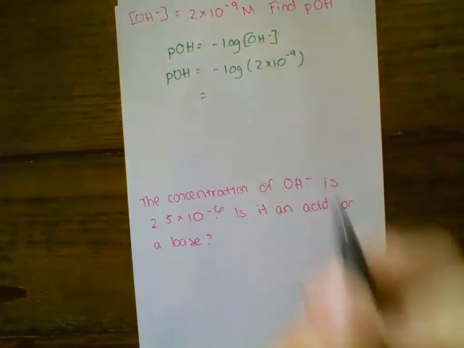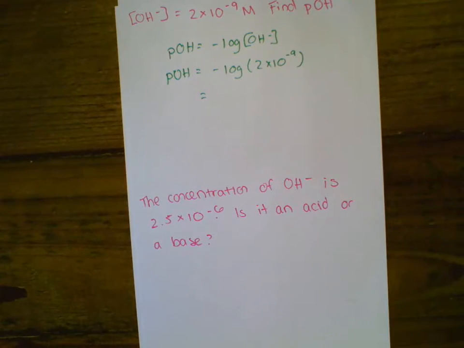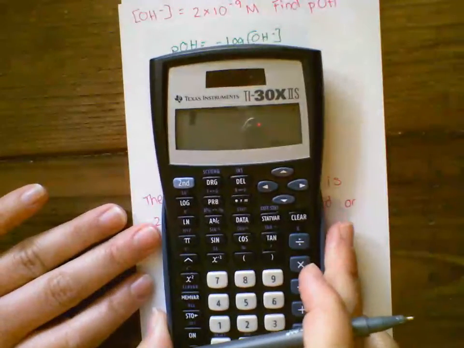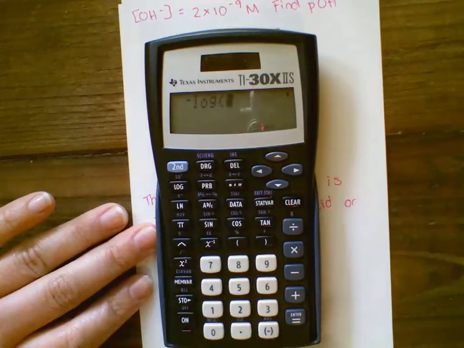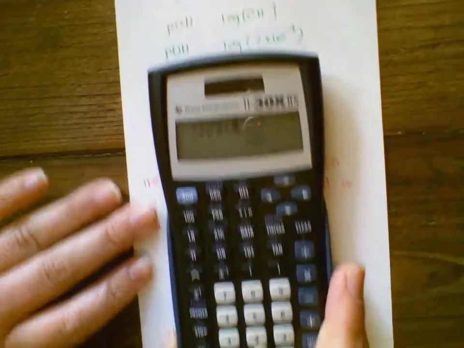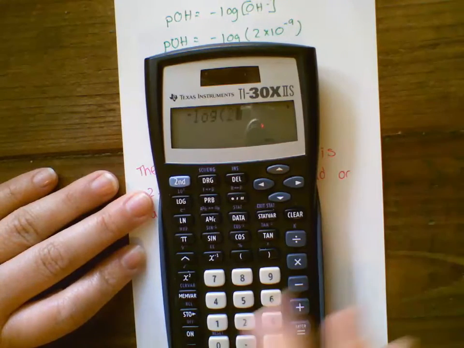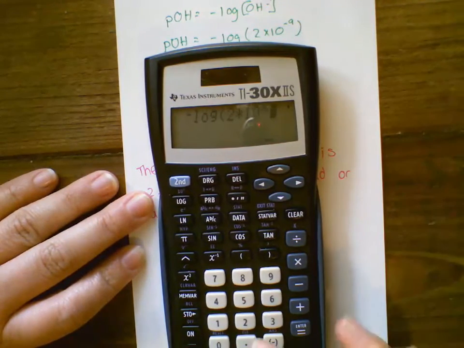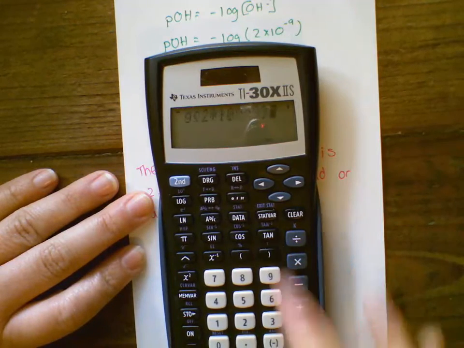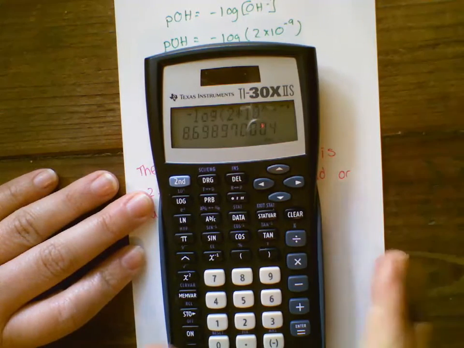When I put this into my calculator, I'm going to do negative log of 2 times 10 to the negative 9th. Enter.